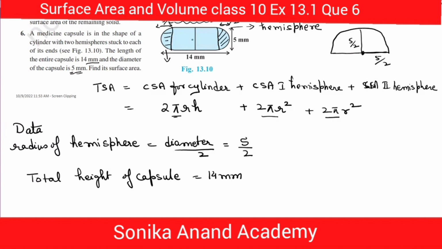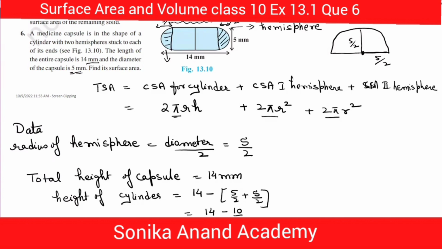So total height is what? So height of cylinder is equal to 14 minus 5 by 2 plus 5 by 2 for both the hemispheres, this one and this one. So it becomes 14 minus 10 by 2, which is equal to 14 minus 5. That means 9 millimeter. Clear?